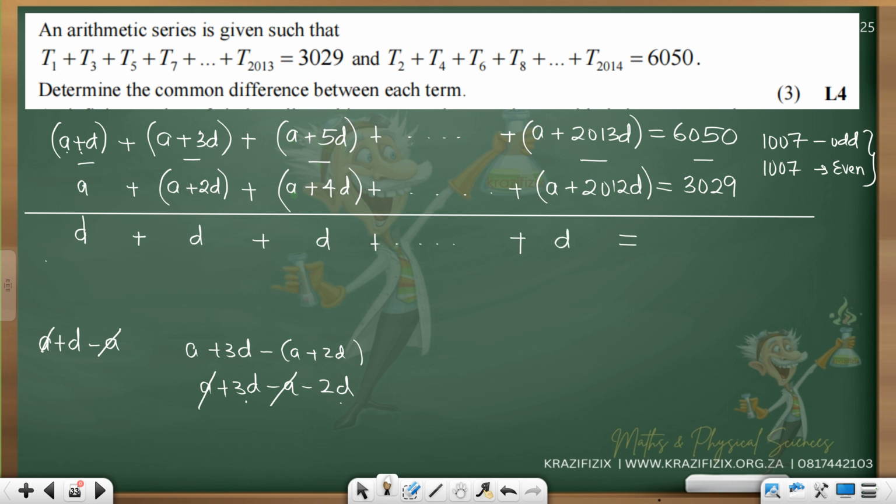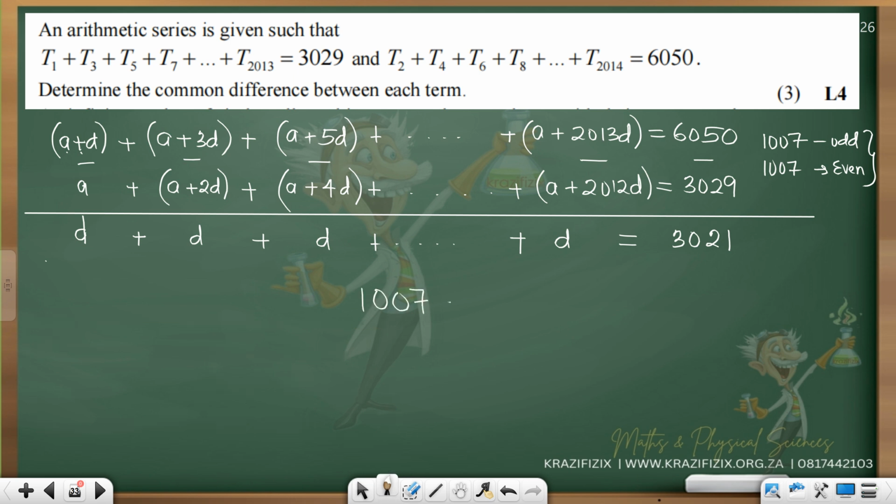Now, what is 6050 minus 3029? That would be 1, no, yep. That would be 3021. Is that correct? Yep. And we have already established that we have 1,007 of those. 1,007 D's will be equal to 3021.